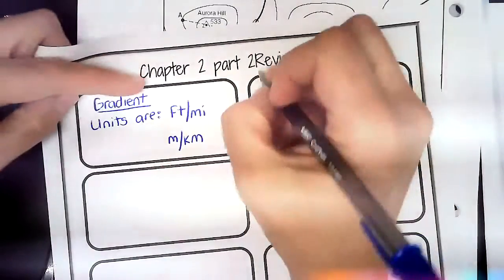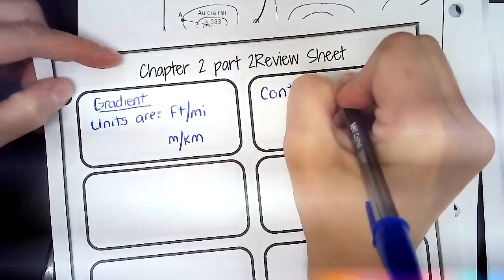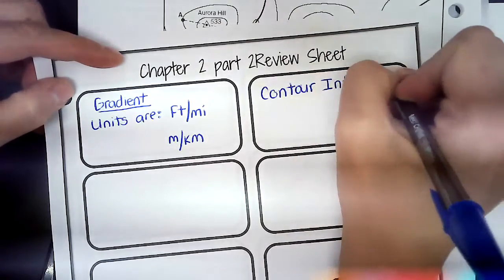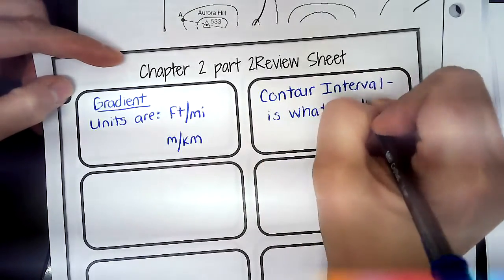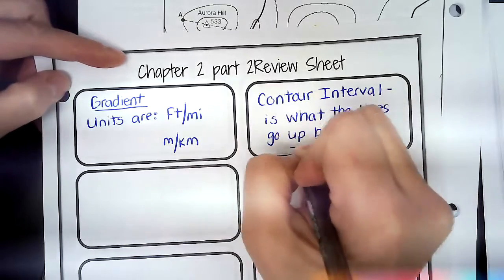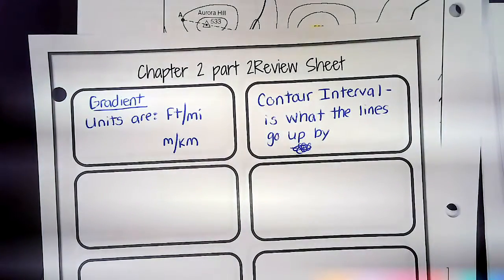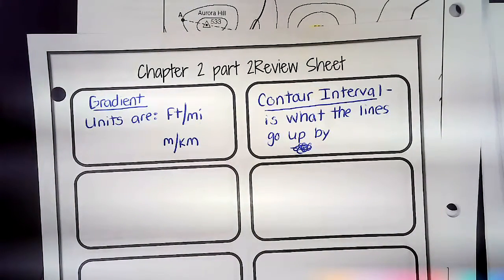Okay, so contour interval is what the lines go up by, or what they count. Let's see it like that. How they count is another way to put it. You must know what the contour interval is, and you must be able to find it. So from one little question, we have two important facts.